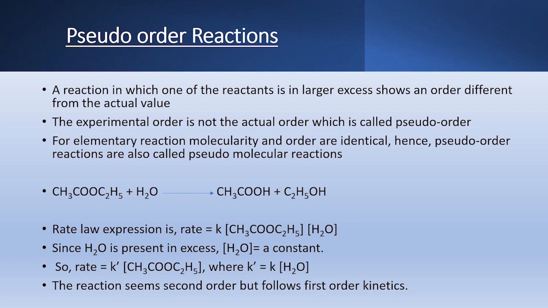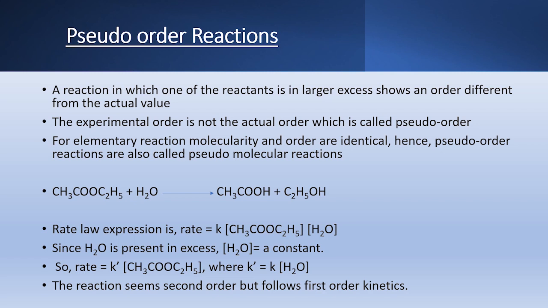In ester hydrolysis, water is present in large excess, and because of that the concentration of water can be kept constant. For example, if we take 100 ml water, the volume of ester taken will be somewhat 5 ml. Compared to the volume of ester, the volume of H2O will be in large excess so that its concentration remains more or less constant.